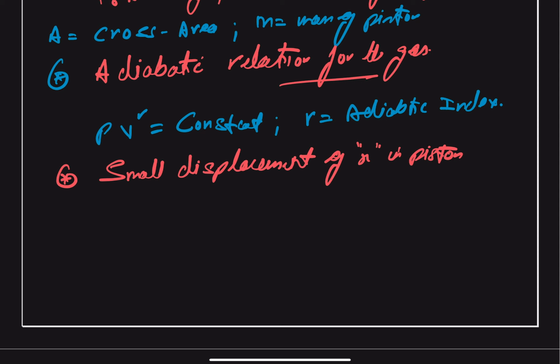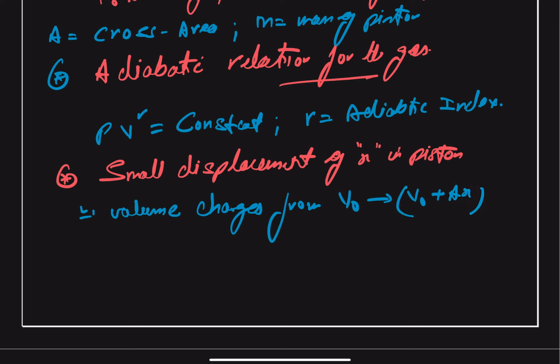We say that volume changes from V naught to V naught plus Ax.